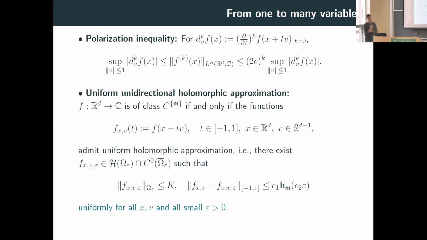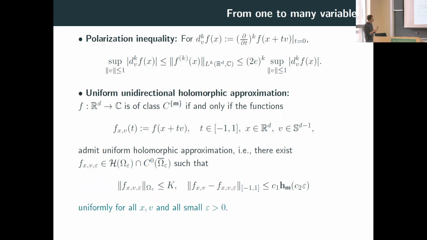so let me give you two words on the proof. For the proof, one ingredient is the polarization inequality, which says that I can control the Fréchet derivative of a smooth function of any order by the directional derivatives, if I have directional derivatives of all orders and in all directions.